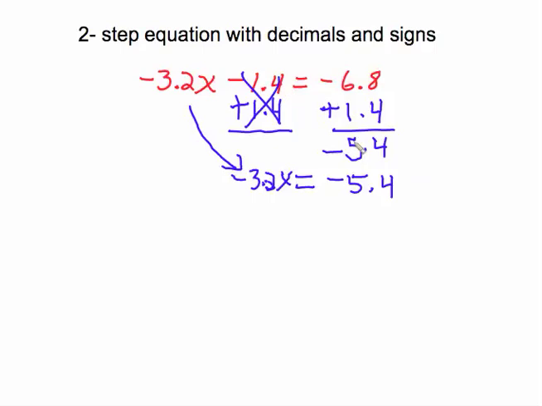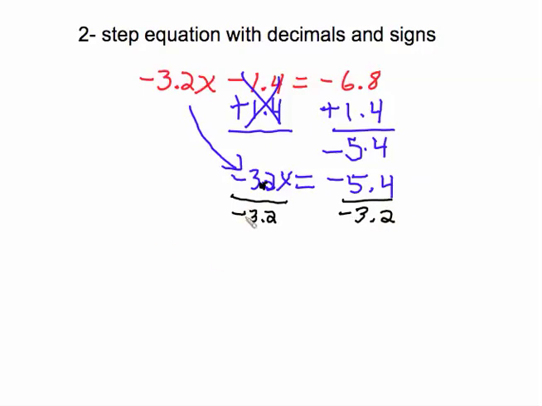Because we've already done one step, we need to do the second step now. And the second step is basically to undo the times 3.2 we have here. Okay, so how do we undo times negative 3.2? We divide by negative 3.2. And whatever we do to one side, we have to do to the other side.